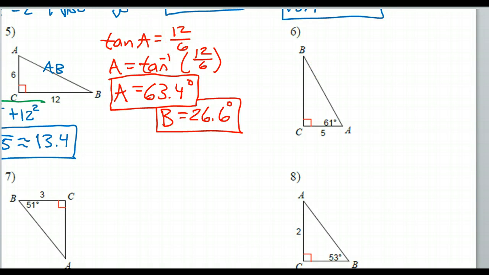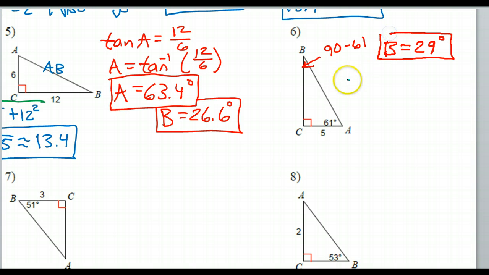We might start by finding angle B, because that's the easiest. All we need to do is do 90 minus 61. So angle B is 29 degrees. All right, now let's find side AB.